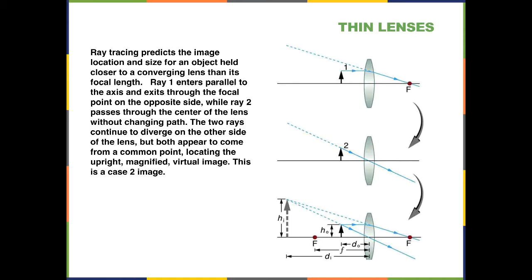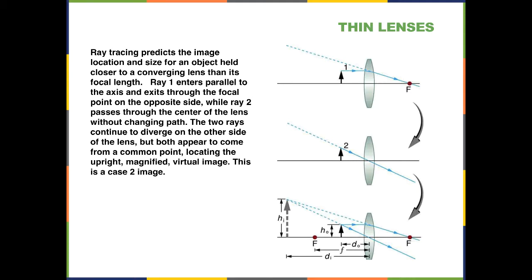Now in this case, they placed the object closer to the lens than the focal length. And the drawing shows what happens. What you can see here is the image is on the same side of the lens as the object, which means that it's a virtual image and not a real image.